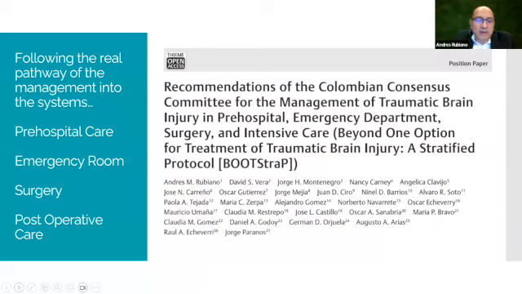That's why we developed this exercise, the BOOTStrap TBI. What we did was bring together representatives of each stage of care: pre-hospital care, emergency room, surgery, and postoperative care.